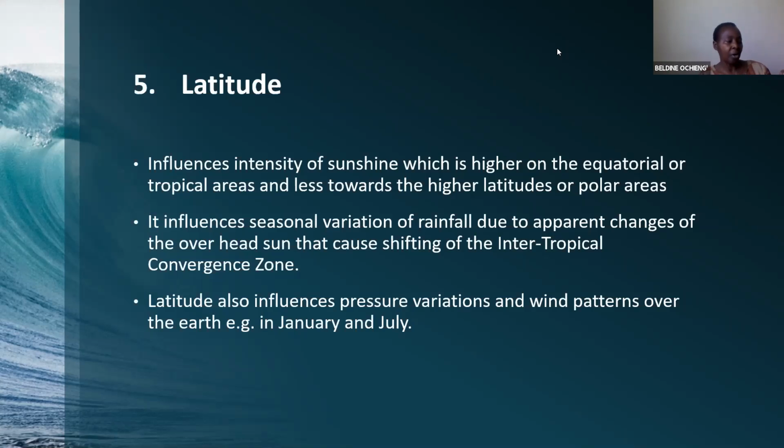That means the rays are directly on the northern part, meaning temperatures will be higher in the northern. The southern is facing away from the sun. When it is facing away, we have low temperatures. The pressure will be high in the southern and lower in the northern. Winds will be moving from the southern to low pressure regions in the northern. So that is all we have for latitude.